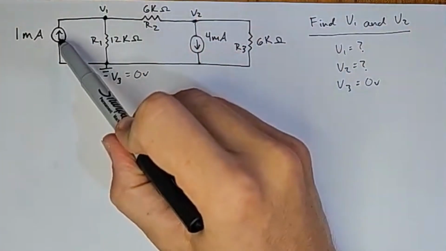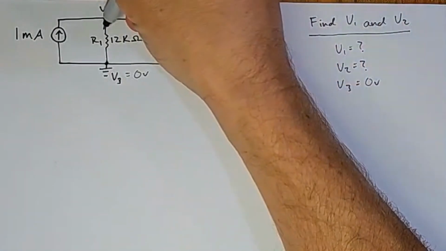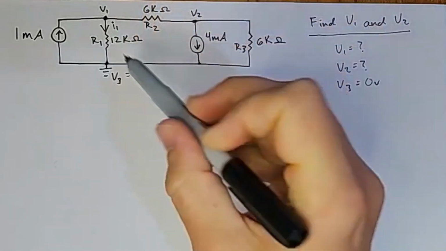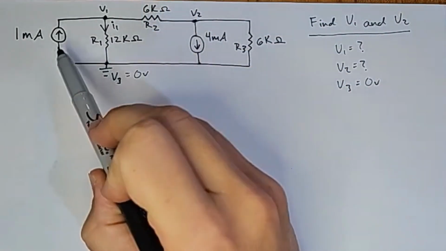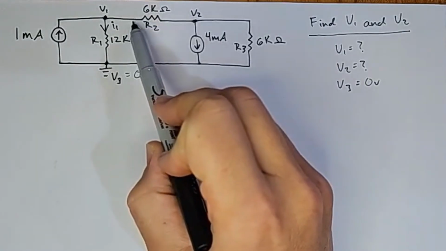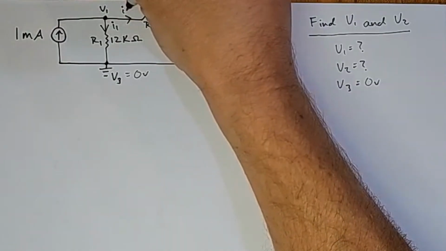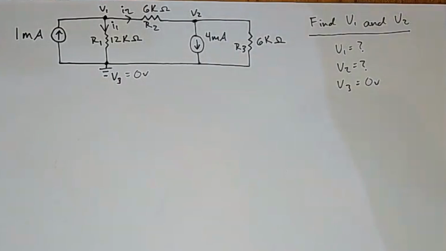So 1 milliamp is coming in. So this is resistor 1, so let's call this, we're going to say I1 is coming down this way. Because 1 milliamp is coming in, we're going to say I2 is going this way.